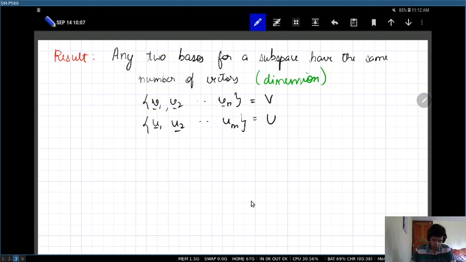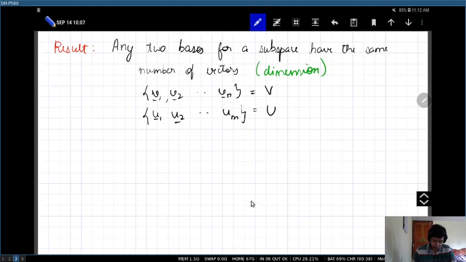Then our goal is to show that n is always equal to m, and this is pretty obvious. And why is that the case? Since U forms a basis, you should be able to write every vi as a linear combination of u1 through um, right?